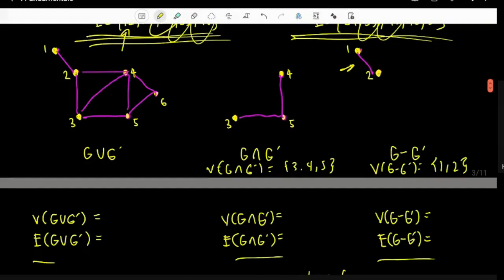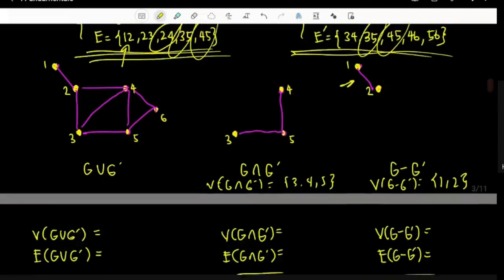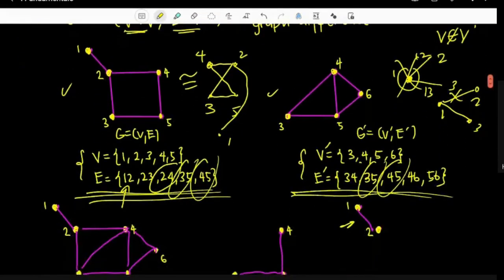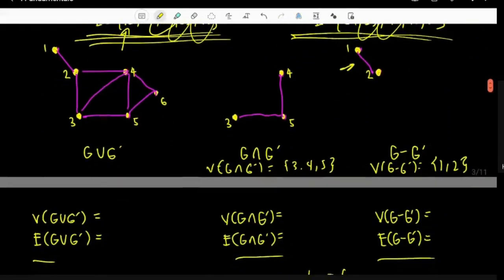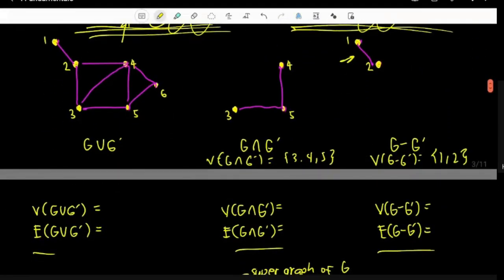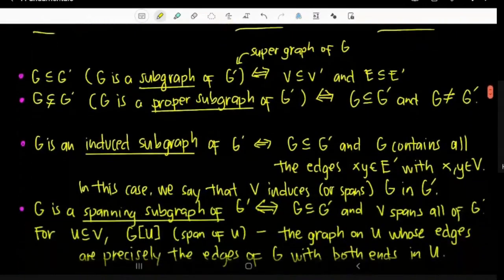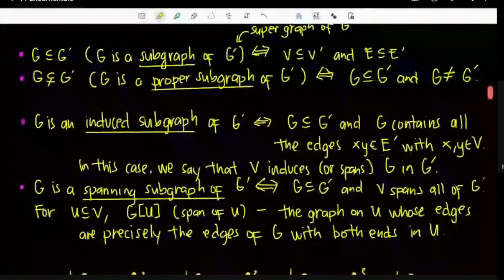So it's a good practice to compute for these sets without looking at its graphical representation, given the set representation of the graph. So, check nyo na lang. Kunin nyo muna, tapos i-check nyo kung tama ba na yun yung mga edges, yun yung mga vertices na matitira or na mapoproduce.